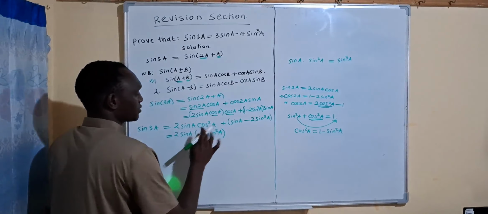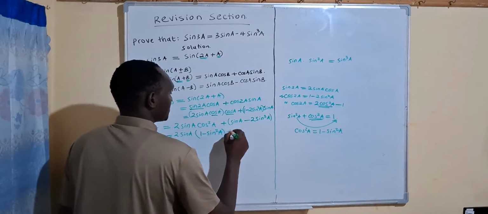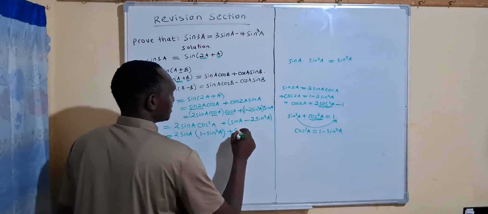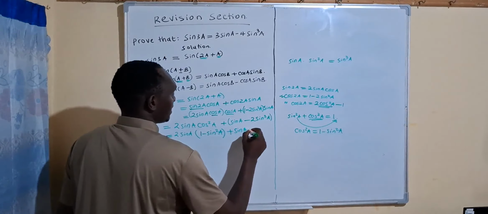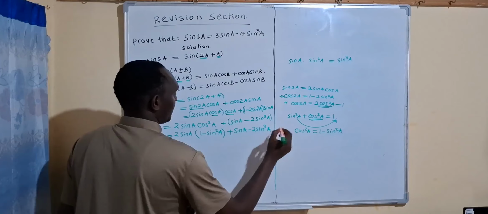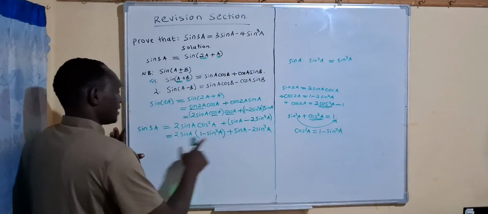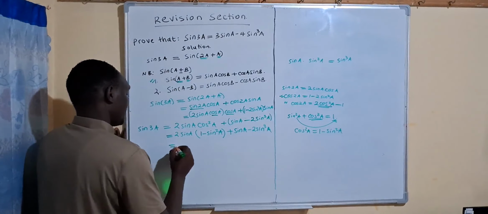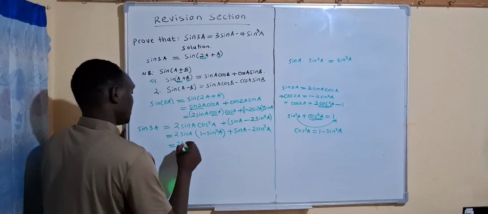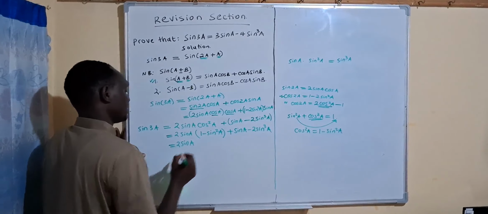So we substitute there 1 minus sine squared a. This is the same as cos squared a plus, let me now get rid of the brackets. This sine a minus 2 sine cube of a. Let us open this bracket by multiplying 2 sine a times 1. It gives us 2 sine a still. The number times 1 is itself.